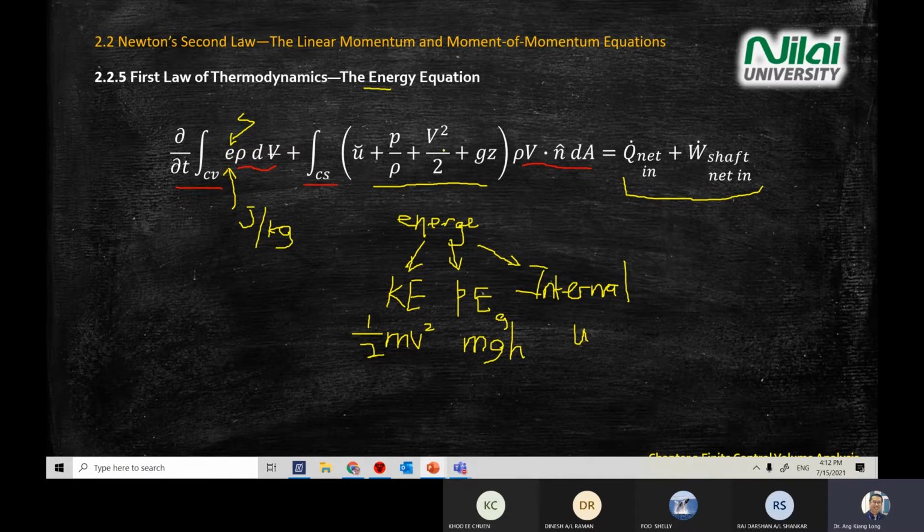For the control surfaces, you look at the energy times the vector dimension. Q net and W dot shaft, I will explain later. These two you can see as your power output. So we're going to keep repeating energy and power in this session.